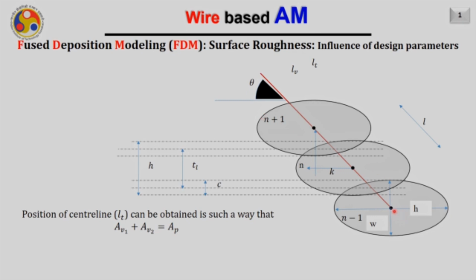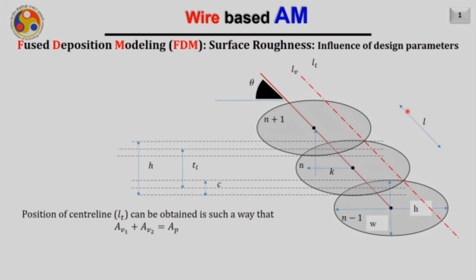First of all, we will connect each and every center of these deposited beads, and that will represent the slant wall along which you are trying to deposit the material, which is at an angle theta. Now, draw another line which is parallel to this but passing through the intersection points. Or in other words, if I connect these intersection points also, that line will also be parallel to the line shown here in brown color. So, that line is shown here in the red color.